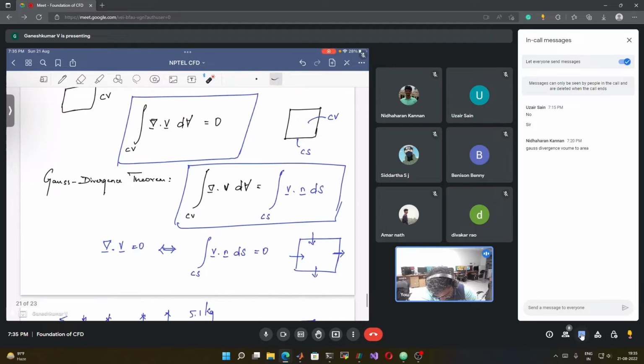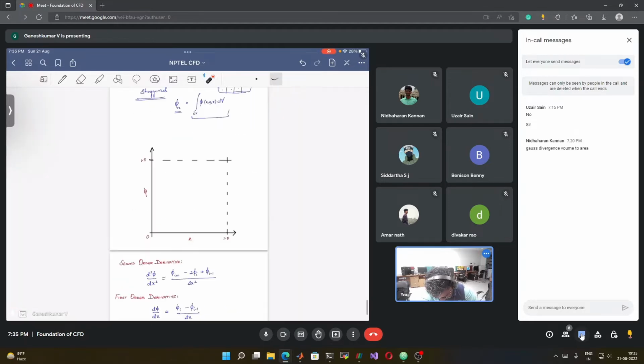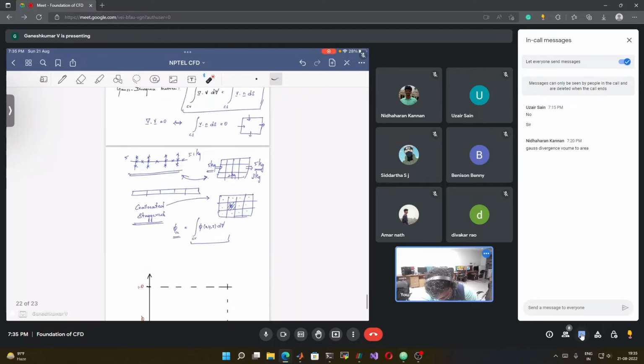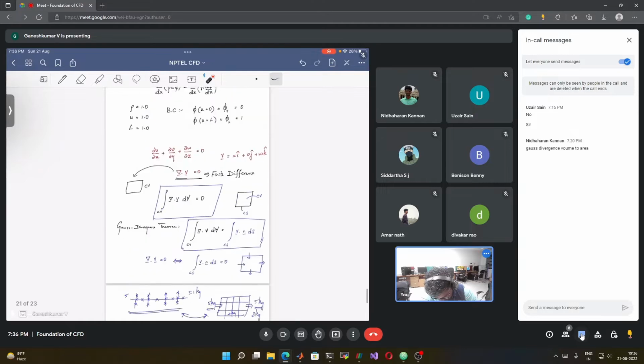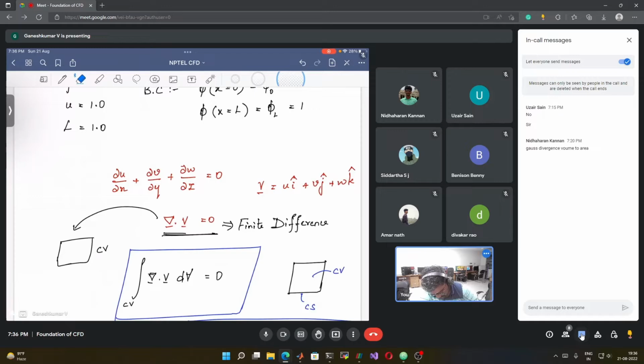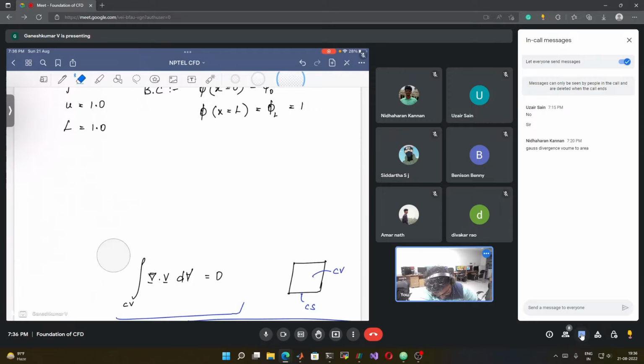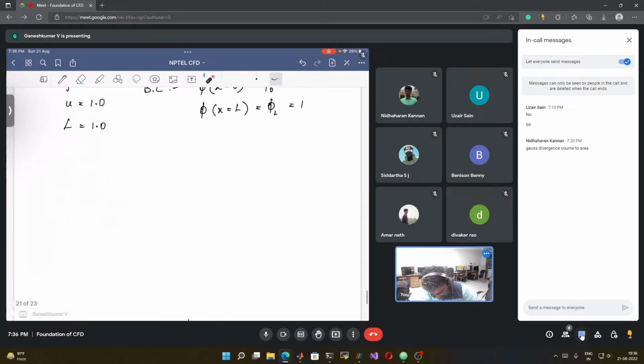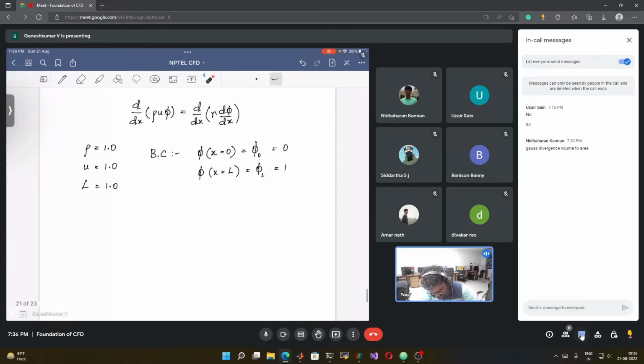This equation actually has an analytical solution if you consider rho and u to be constant.